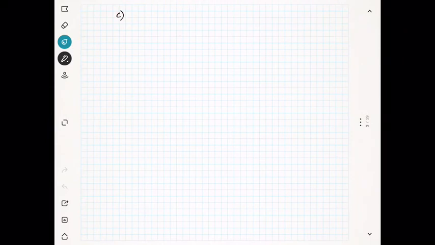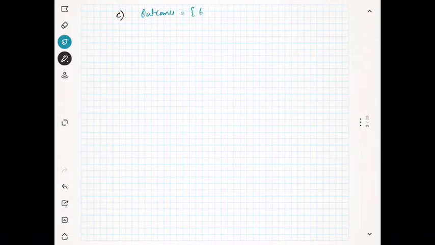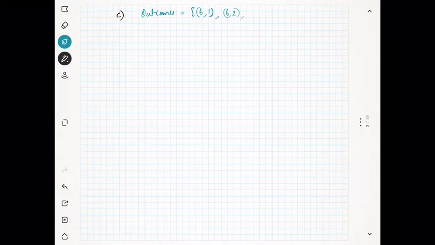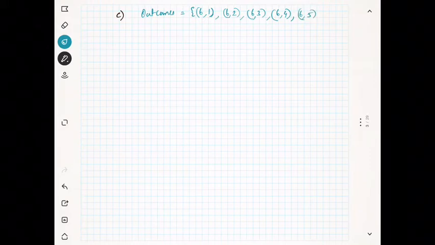So the outcomes are: the first toss should be 6. So 6 1, you can expect 6 2, 6 3. That means the first toss is 6, maybe the second toss maybe 4 also. First toss is 6, second toss maybe 5 and 6.